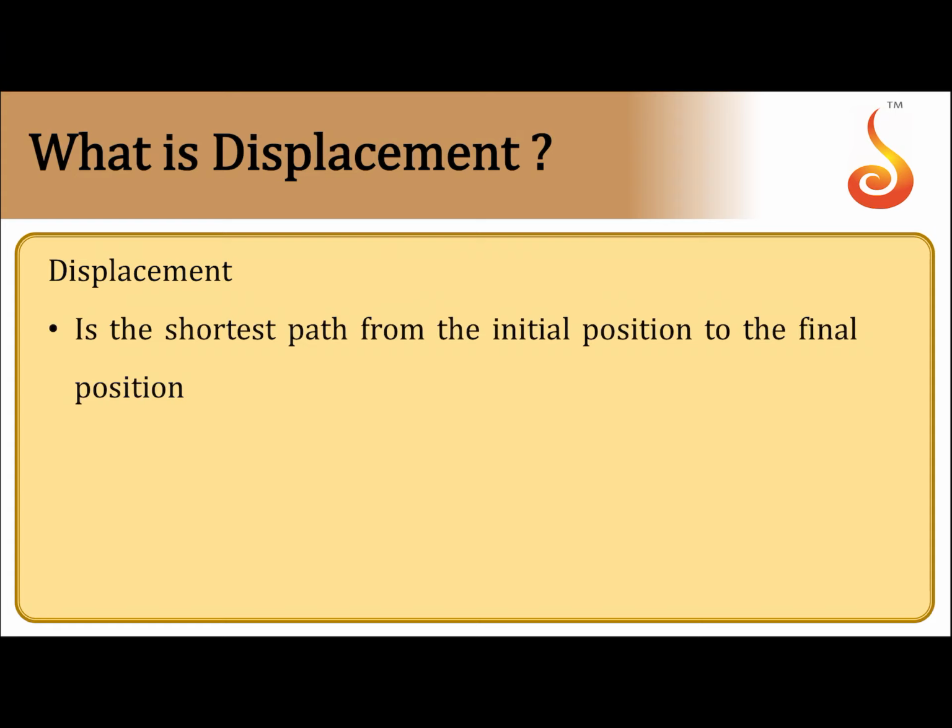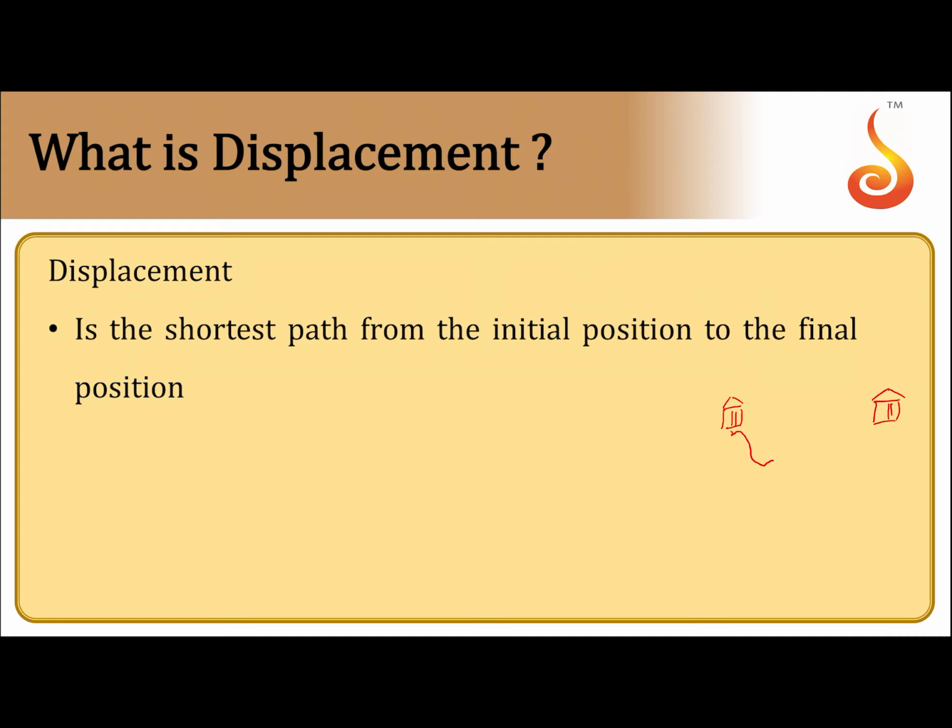You are in your college and your college gets over by say 3 p.m. and you want to go to your home. So, you are going from your college to your home, and what are all the possibilities of reaching home from college?